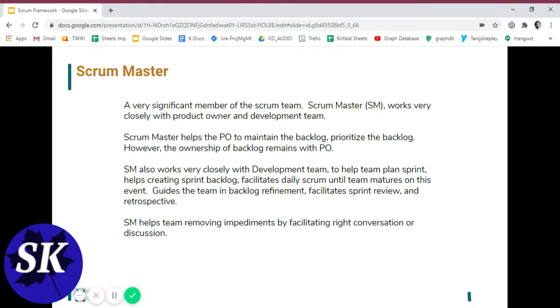So the servant leader role is played by the Scrum Master here, and it helps those outside the Scrum team understand which of their interactions with the Scrum team are helpful and which ones aren't. Right?